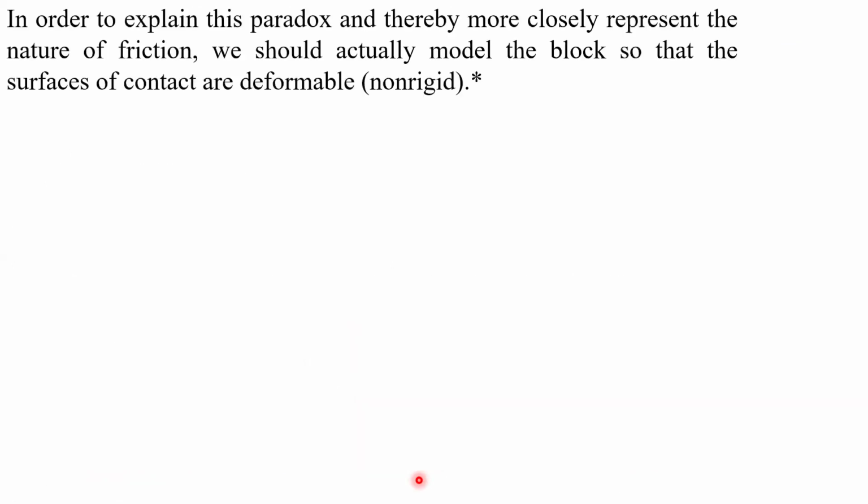In order to explain this paradox and thereby more closely represent the nature of friction, we should actually model the block so that the surfaces of contact are deformable. That is, they are not rigid.